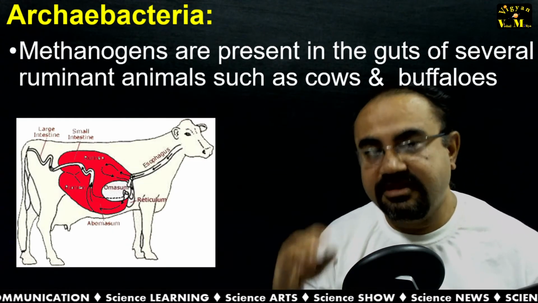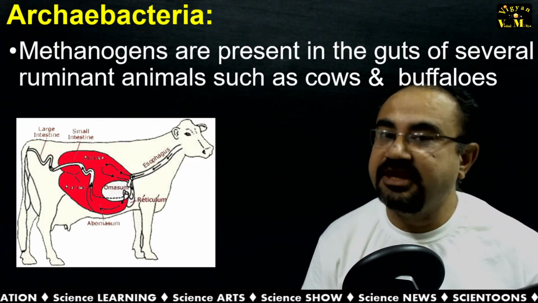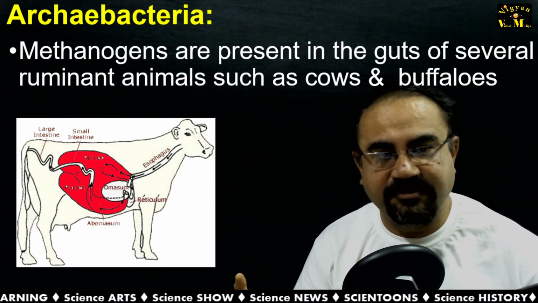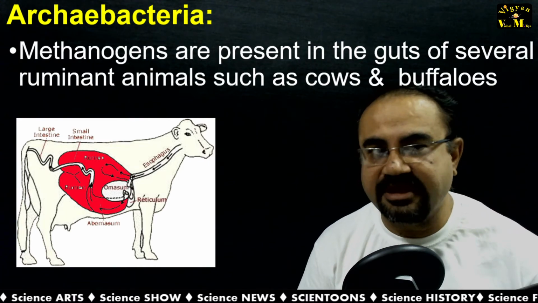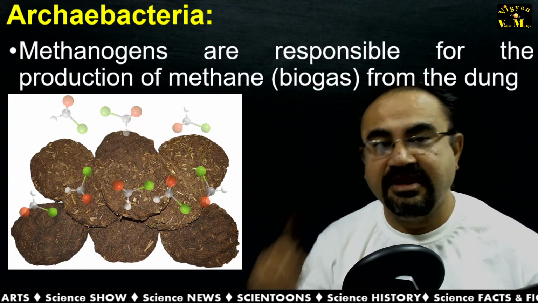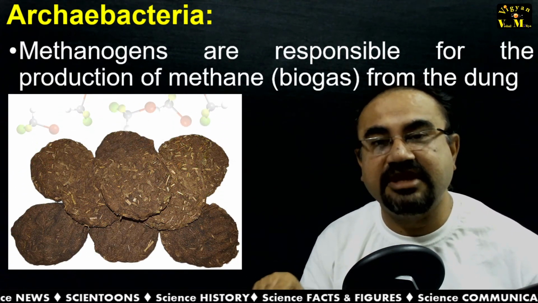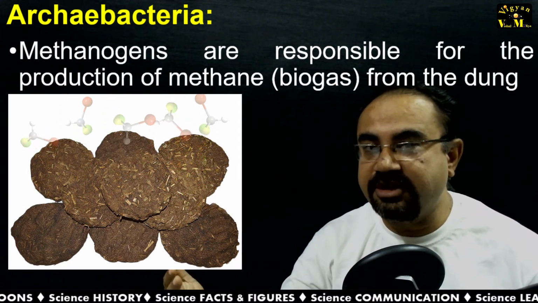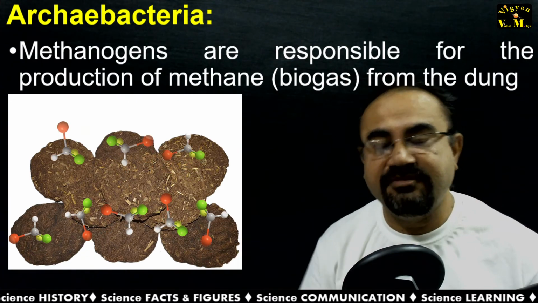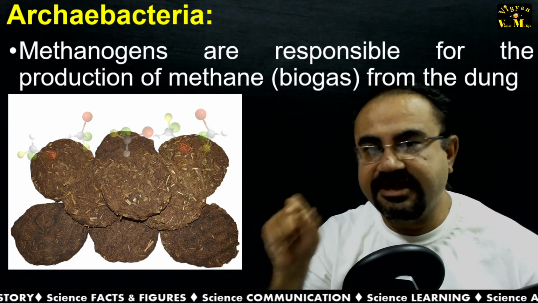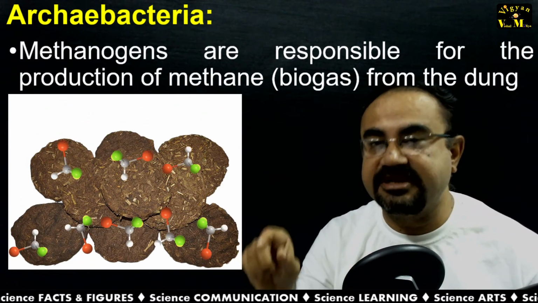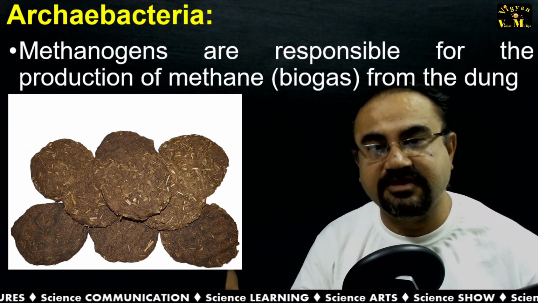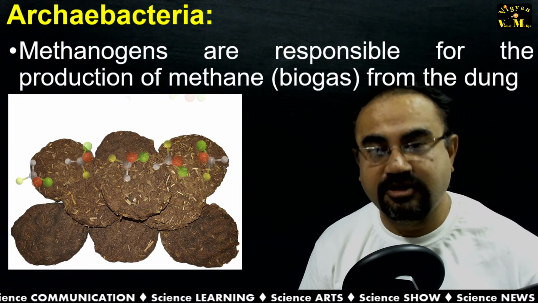Methanogens are found in the guts of several ruminant animals like cow and buffalo, and they are producing methane there, and that is the reason why these methanogens are useful in the production of biogas. We are going to study about it in detail when we go through certain interesting bacteria and certain interesting biotechnological processes and usefulness of the animals in standard 12.